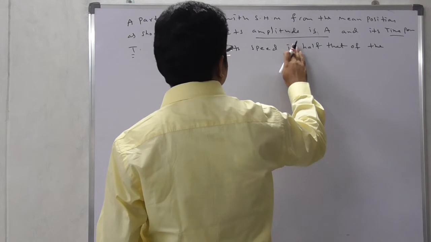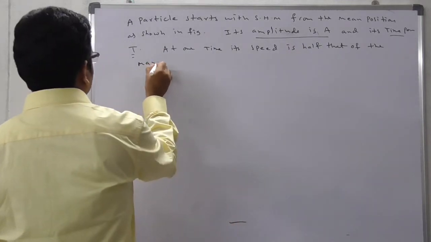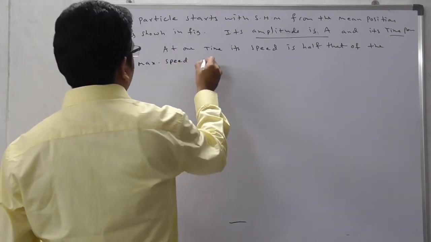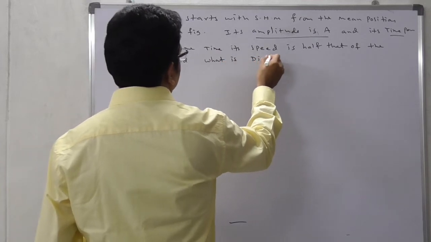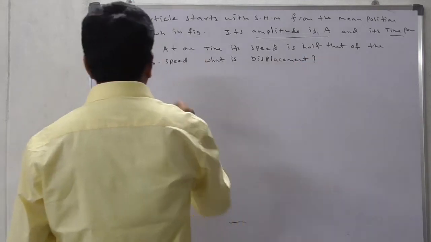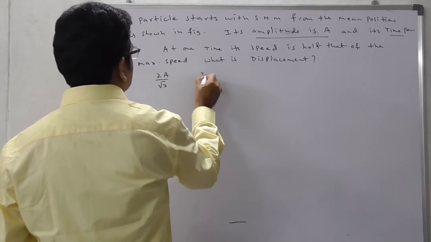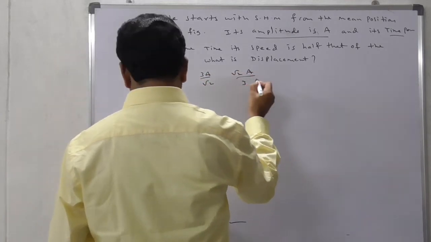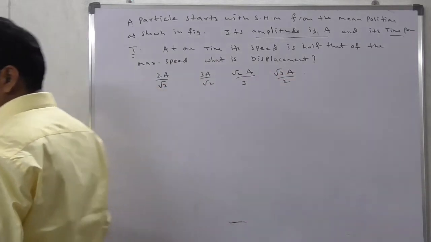If its speed is half that of the maximum speed, this is the condition, then what is the displacement? This is also a NEET question. The options are 2A by root 3, 3A by root 2, root 2A by 3 and root 3A by 2.